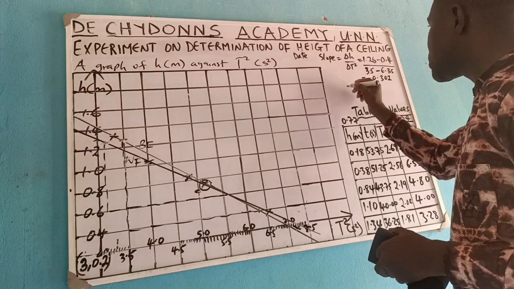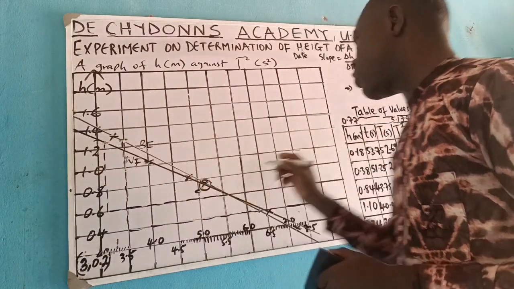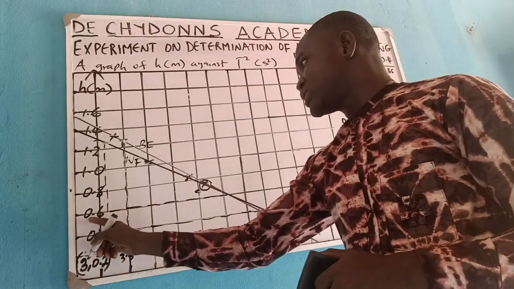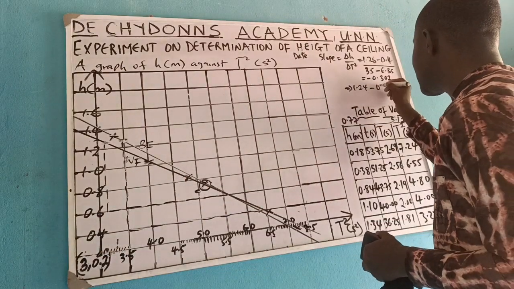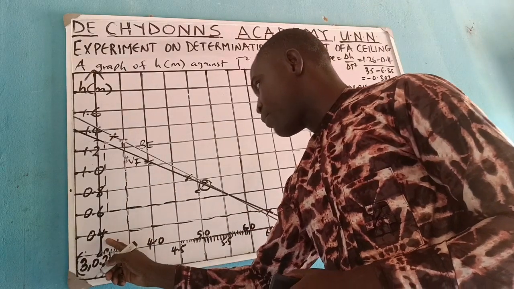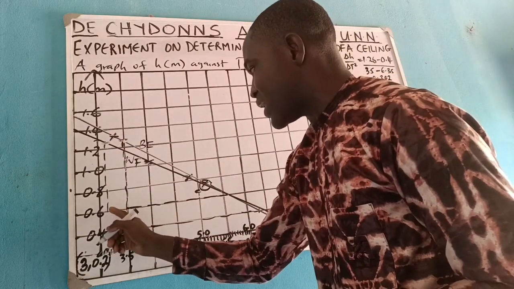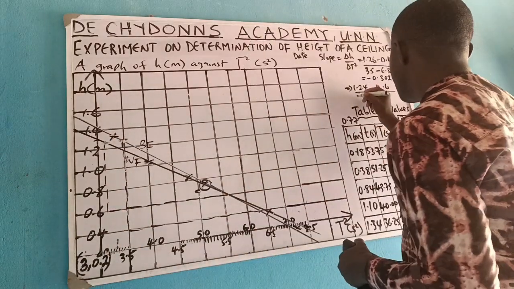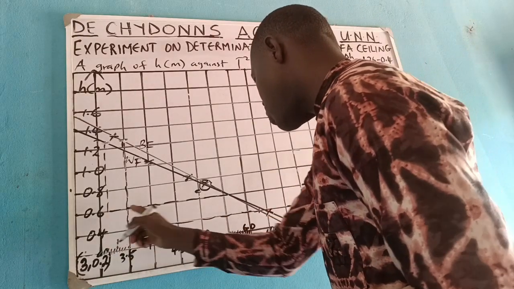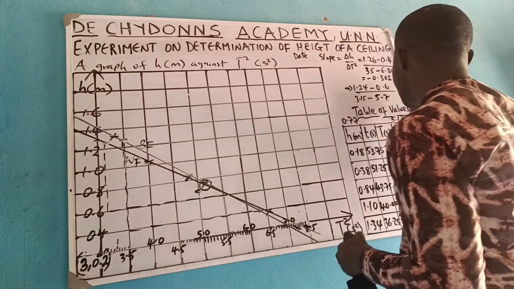What about the worst fit own? This is about 1.24 minus, this is about 0.6, all over, this is about 3.15. That is where the vertical and horizontal intersect, about 3.15, minus this is about 5.7.